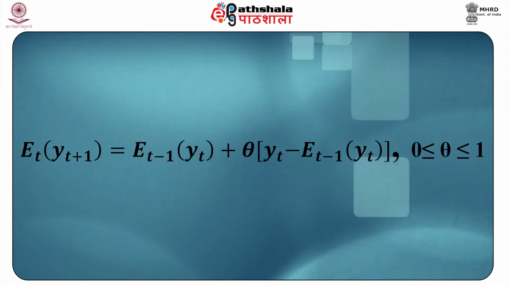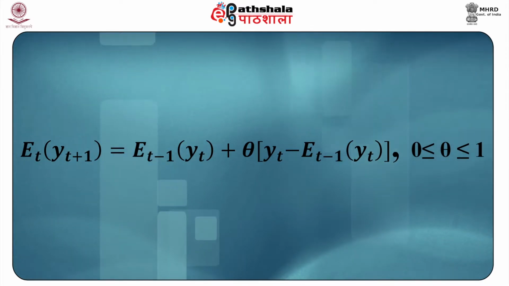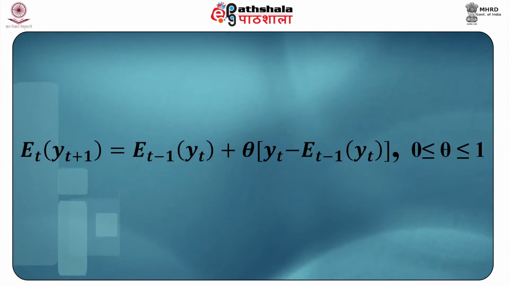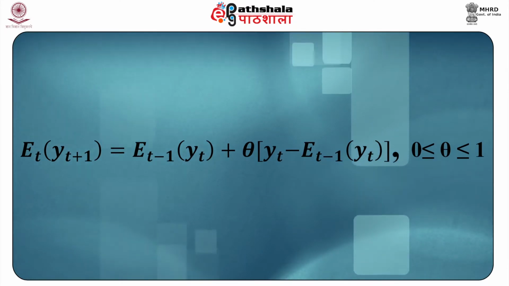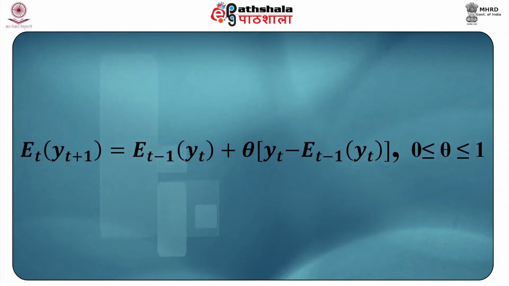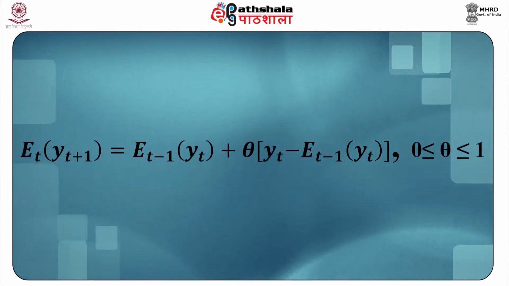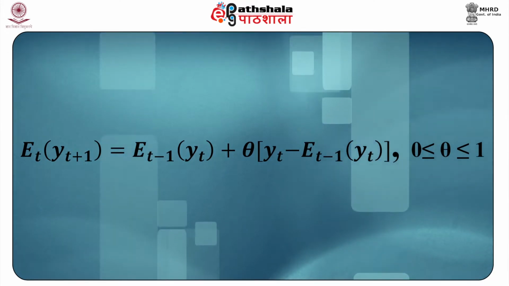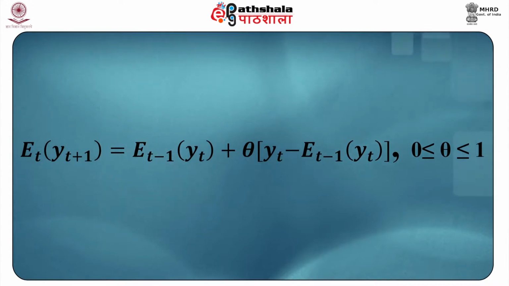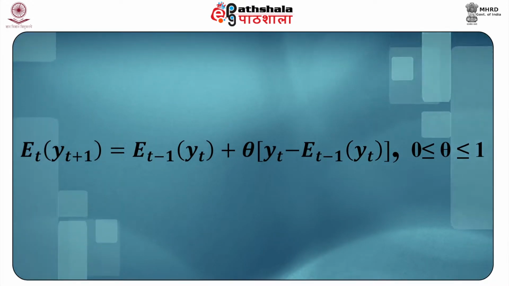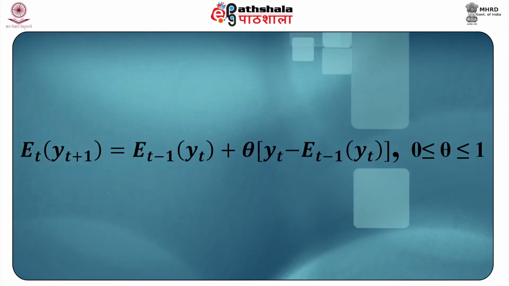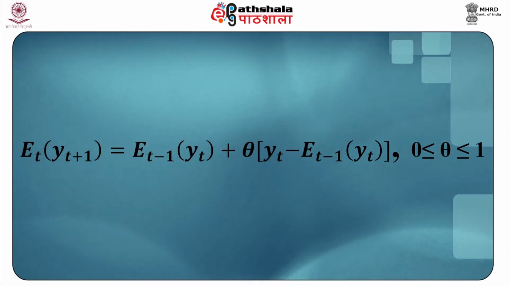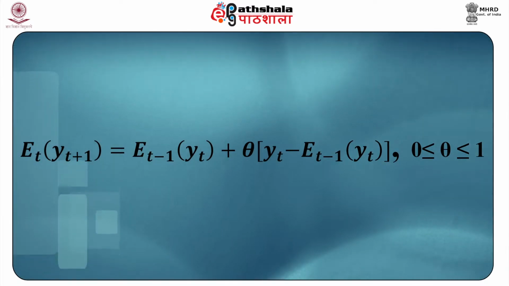This formula basically states that the current expectation of y, Et(yt+1), equals last period's expectation, which is Et-1(yt), plus an adjustment term that adjusts this period's expectation in light of past errors, noted as theta(yt - Et-1(yt)), where the expression in parentheses is last period's expectation error and theta, taking a value between 0 and 1, is called the coefficient of expectation.